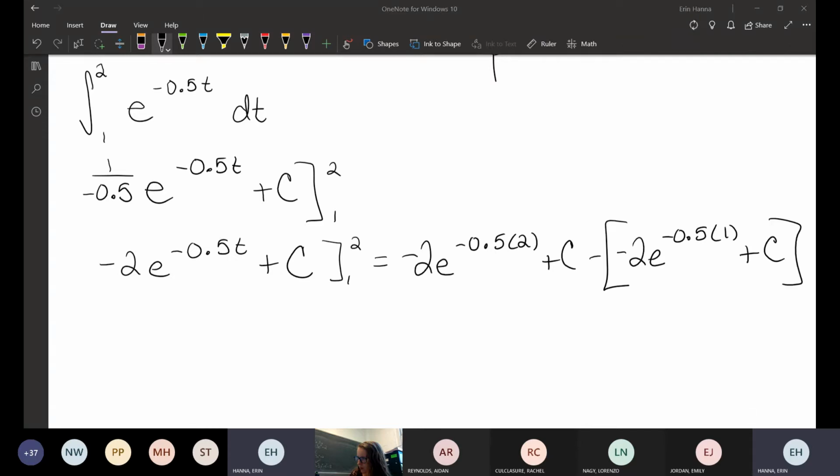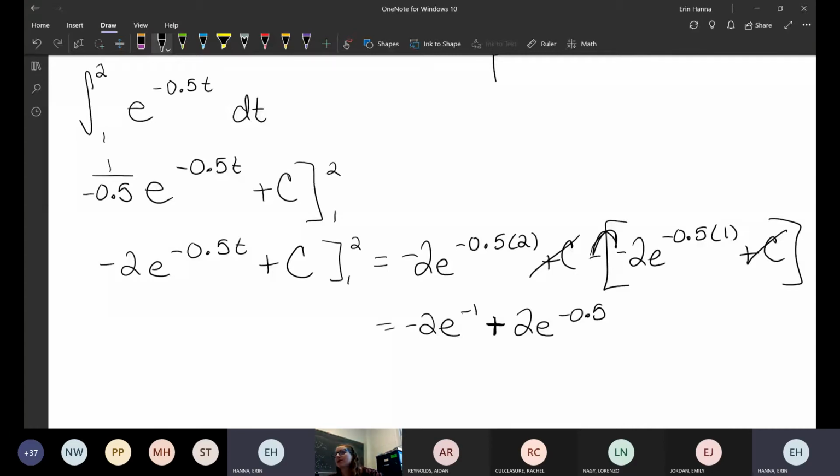The answer is going to look more complicated than some of the ones on Blackboard, but that's okay. So we'll get negative 2 e to the negative 0.5 times 2, which is negative 1. The c's are going to cancel each other out. When we distribute that negative, it's going to become a positive because we have a minus a negative. 2 e to the negative 0.5.